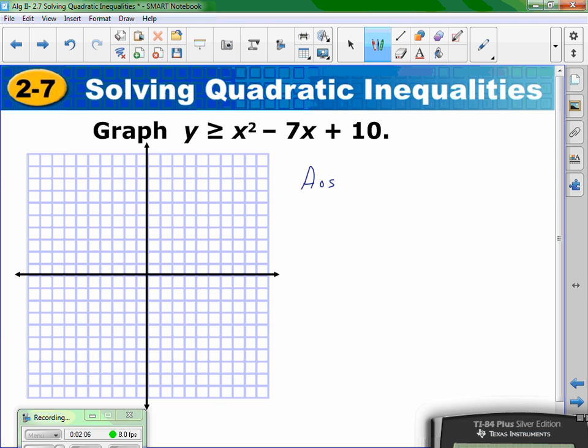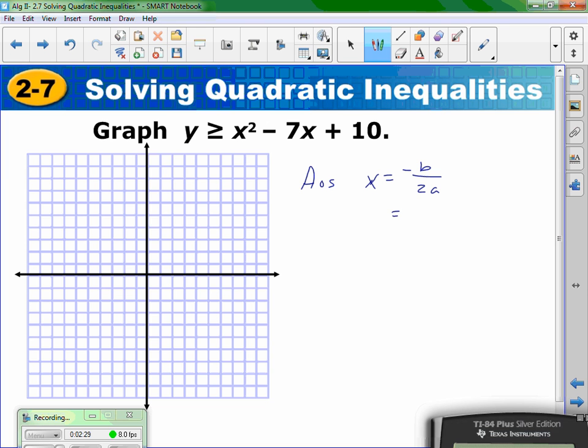First we're going to find the AOS. To find the AOS, it's negative b over 2a. Negative b over 2a should sound very familiar now. Where did we see that? The quadratic formula. It was the beginning part of it, right? That beginning part is your AOS.